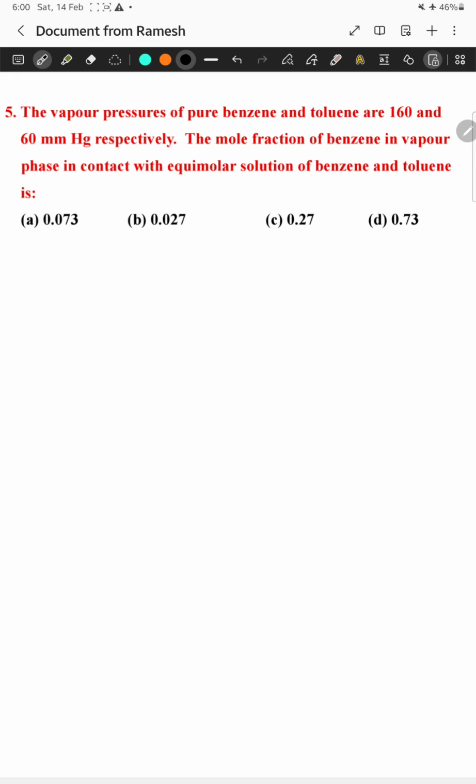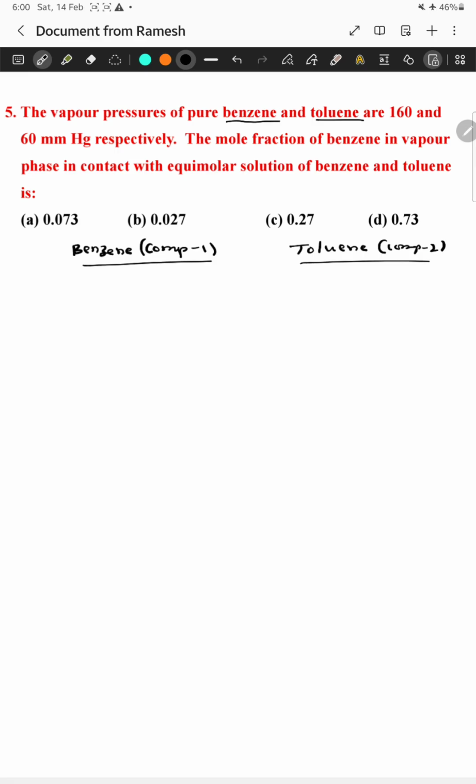Now coming to question number 5, vapor pressure of pure benzene and toluene. They have given two liquids, one is benzene, another one is toluene. I will consider benzene as component 1 and toluene as component 2.